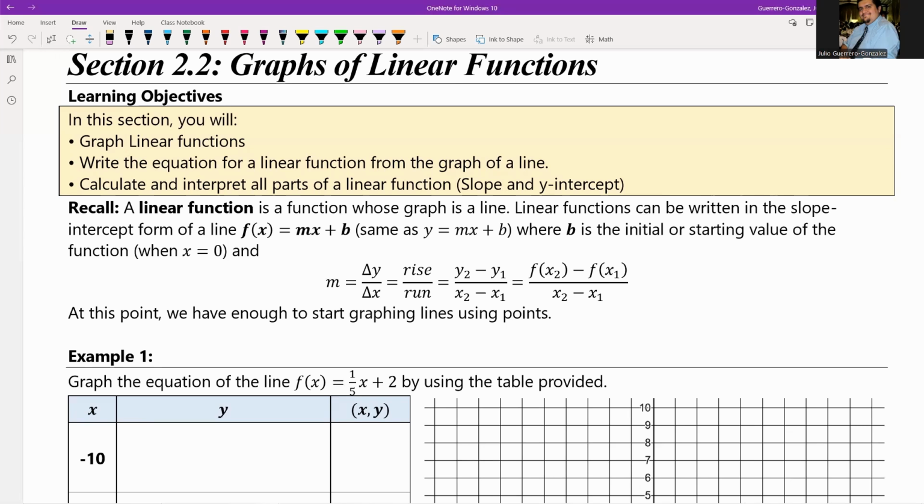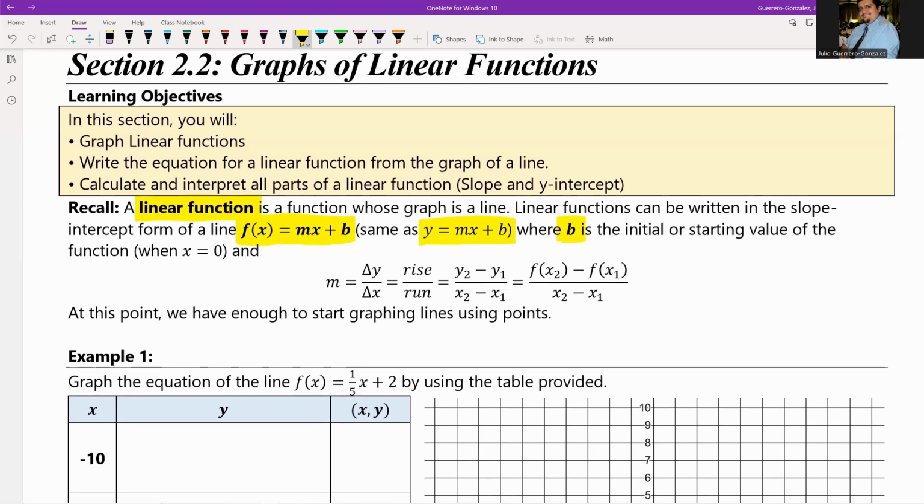We're going to need this later on in section 2.3 when we start applying it to real-world stuff. Let me recall some things. The linear function is something that looks like this. The other way people remember it is y equals mx plus b. b is the initial or starting value, also called the y-intercept.